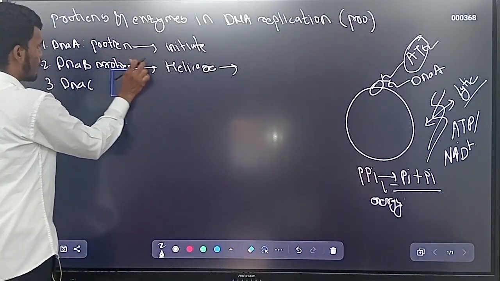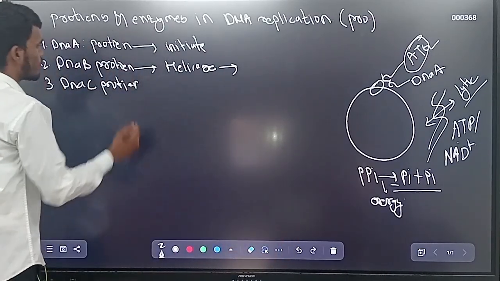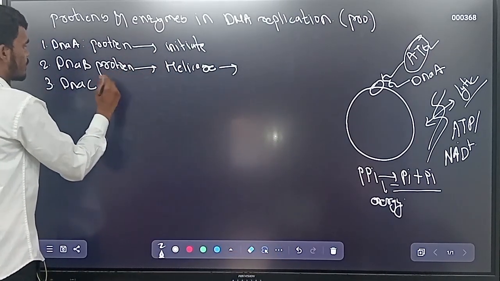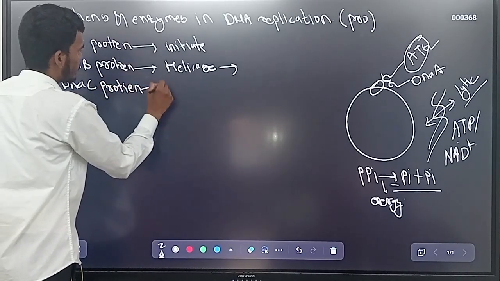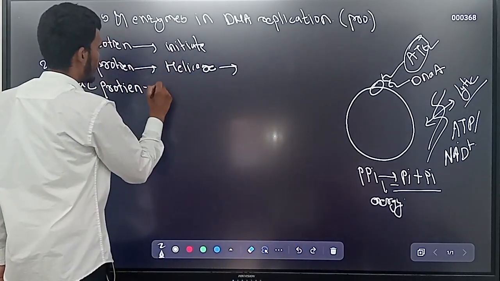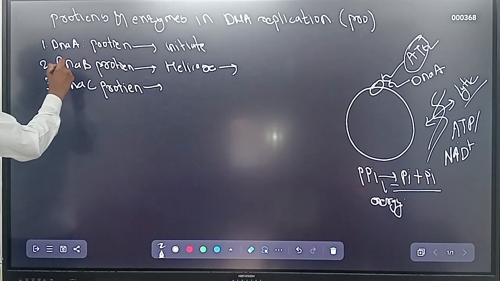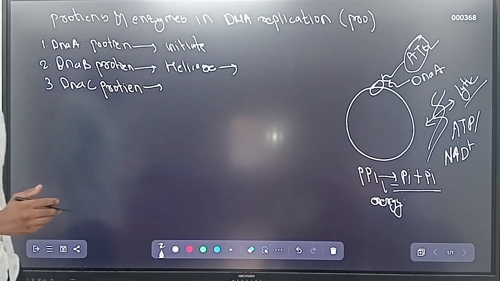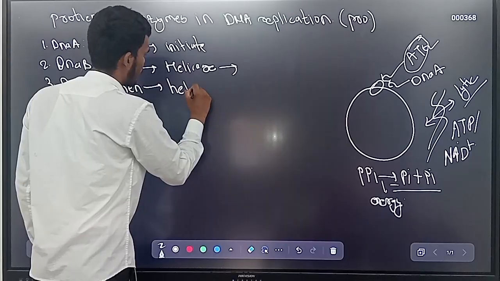There will be lytic activity, or bond breaking activity, with the help of energy obtained from ATP, also shown as ATP/NAD+ containing a positive charge. It uses the energy by breaking the pyrophosphate bond.